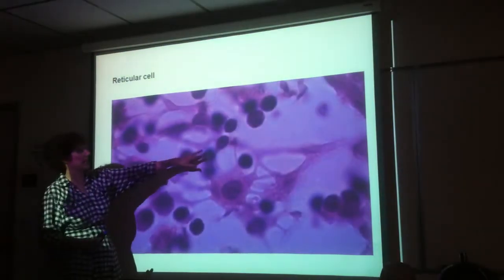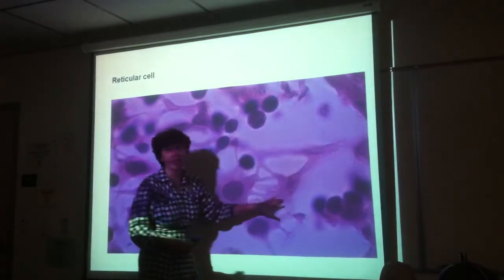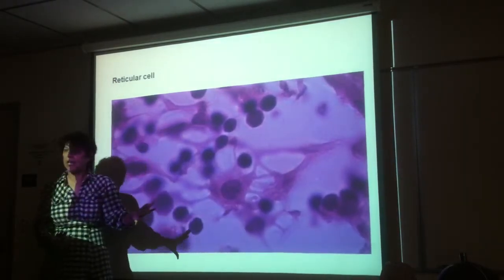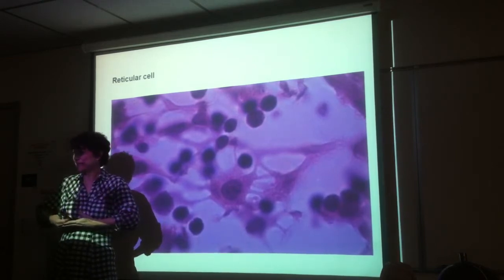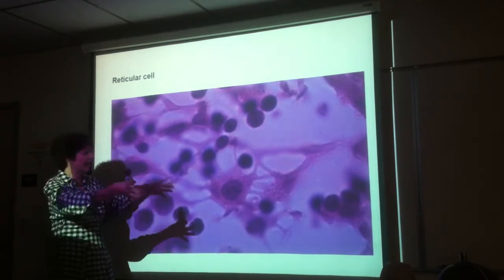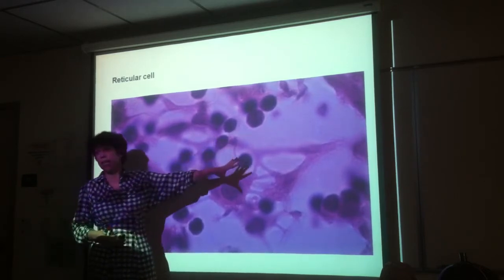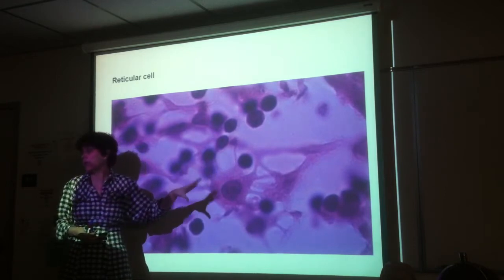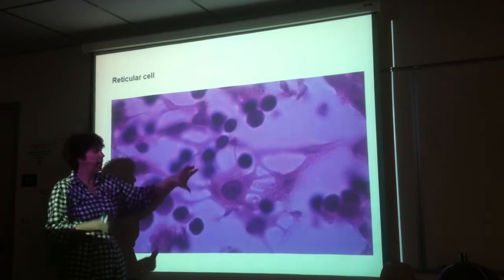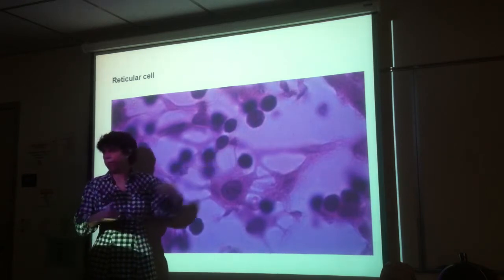These would be lymphocytes here, and this is the reticular cell here. It's a fibroblast that wraps itself around the collagen it makes. And so it creates this network of fibers that span connective tissue, and we find them in lymphoid organs like the spleen or tonsils. And they form a sponge-like network that stabilizes the lymphocytes.